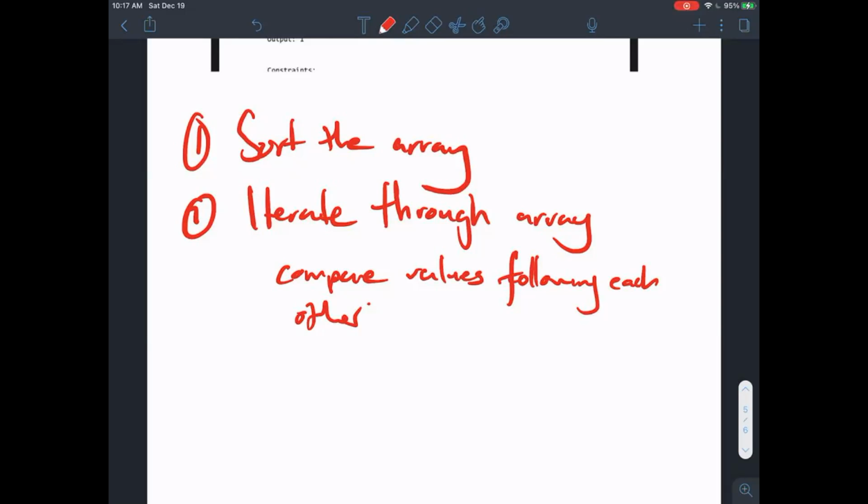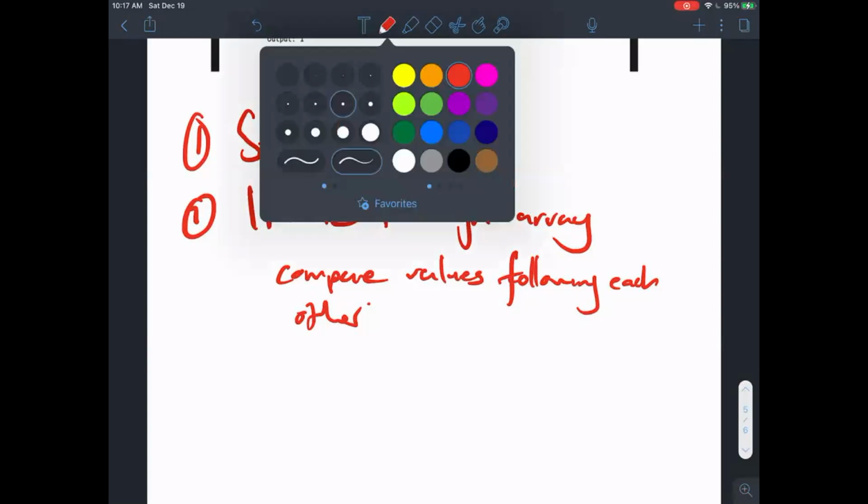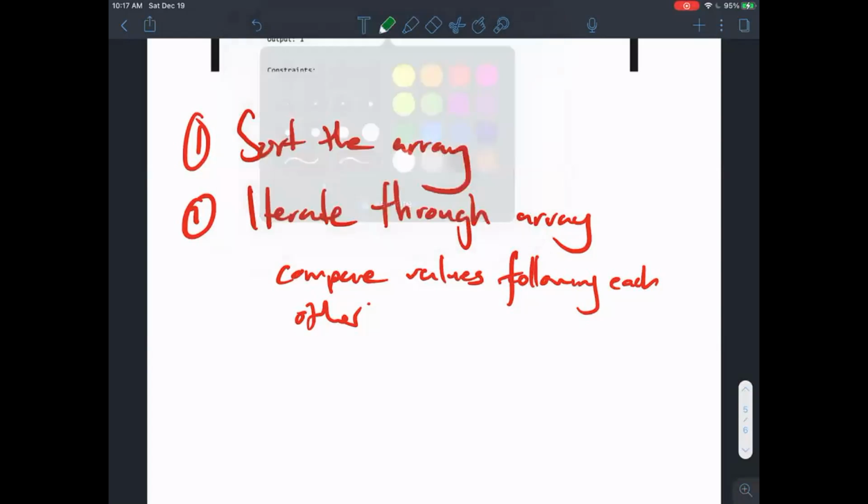Right now, what I'm thinking is the first thing that I would do is check if the maximum value in this array is negative. If it's negative, then I think the first positive would be 1. If the maximum value is negative, that means all the values in the array are negative.